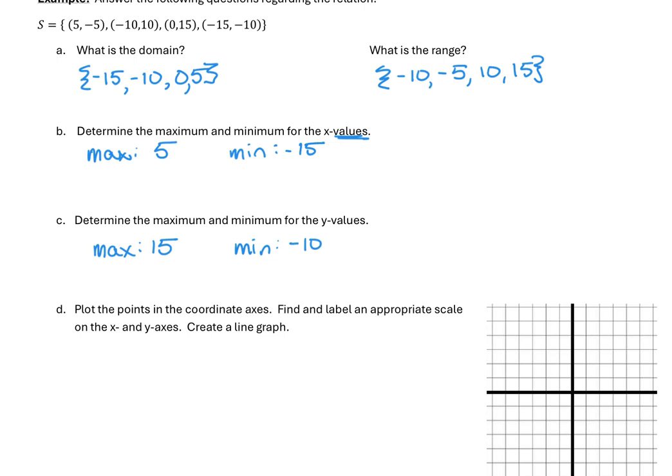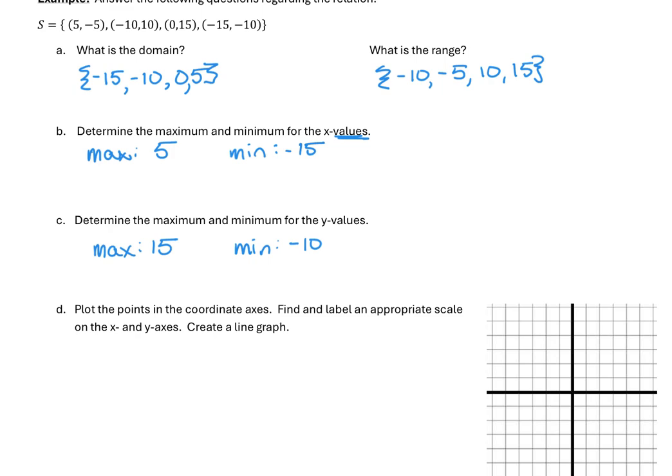All right, the main reason I wanted to do this problem is I do want to talk about graphing using a scale on axes. When you graph in the homework, it's pretty much going to be given to you, but you do want to kind of be able to figure out what would be a good scale for problems to help you out.